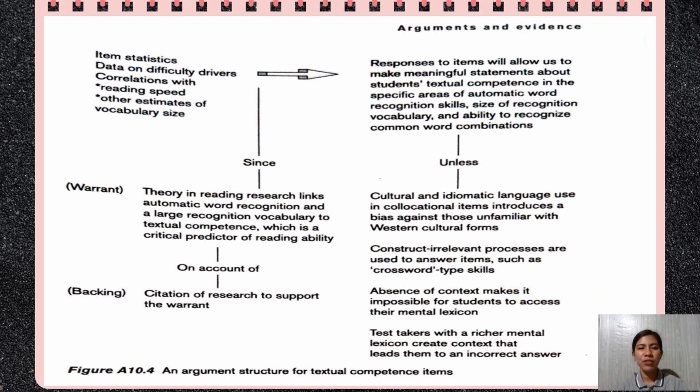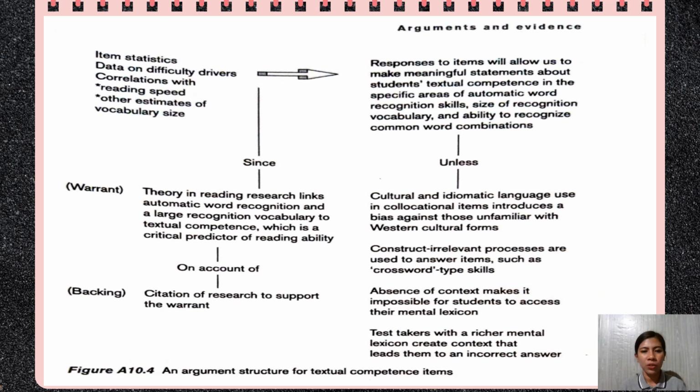The left side is supporting the argument and the right side is challenging the argument. On the left side, item statistics, data, and correlation with reading speed and vocabulary size help show these test items are useful.